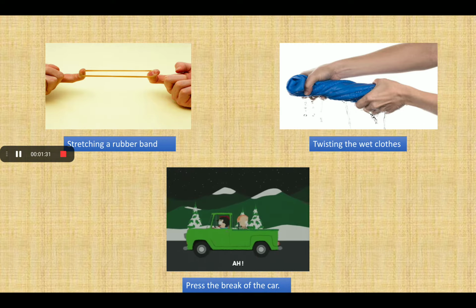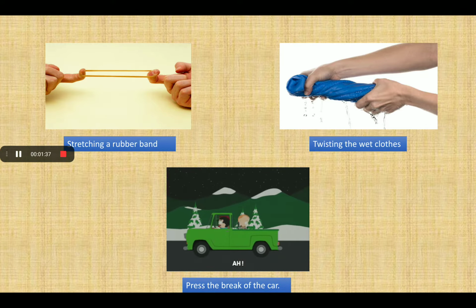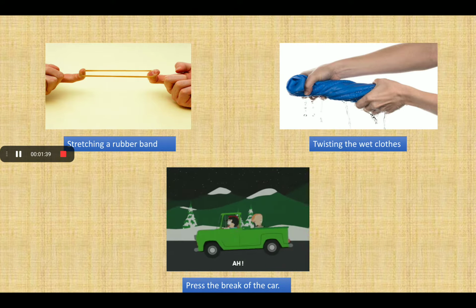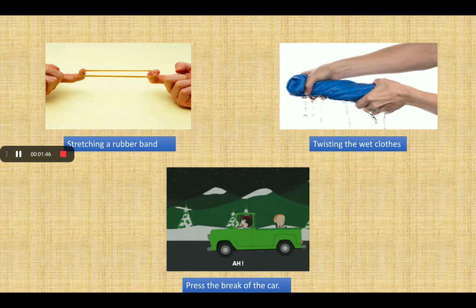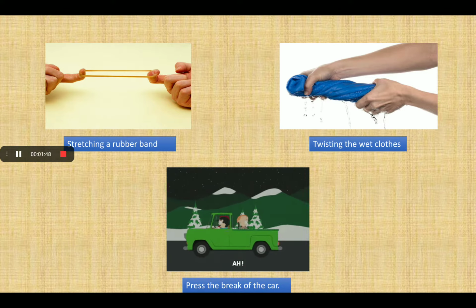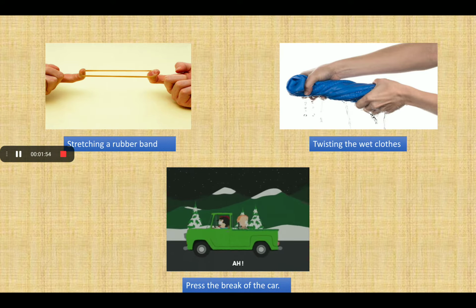Next, twisting the wet cloth. In this, we apply a force when we twist the wet cloth so that the water is squeezed out. And here, pressing the brake of the car so that the car comes to a stop. When we apply the brakes of the car, that means we apply a force.